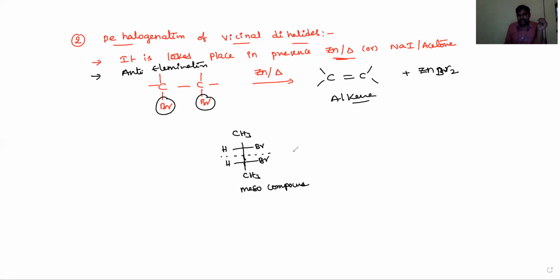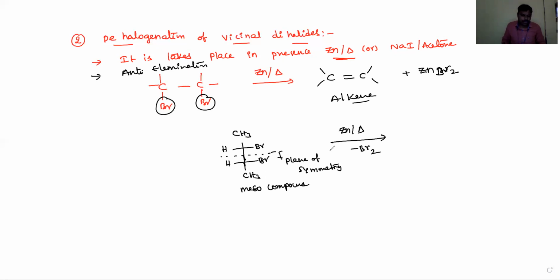They have a plane of symmetry. This is the plane of symmetry. Meso compounds are optically inactive due to the presence of the plane of symmetry. That's why meso compounds are always optically inactive. So this compound treated with zinc metal on heating undergoes dehalogenation, debromination.